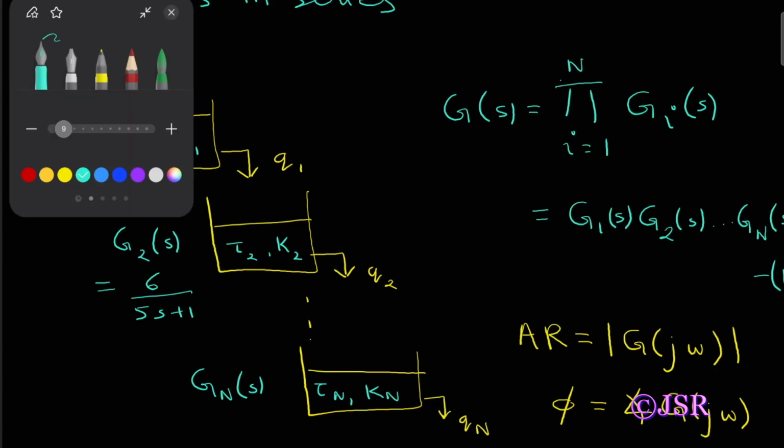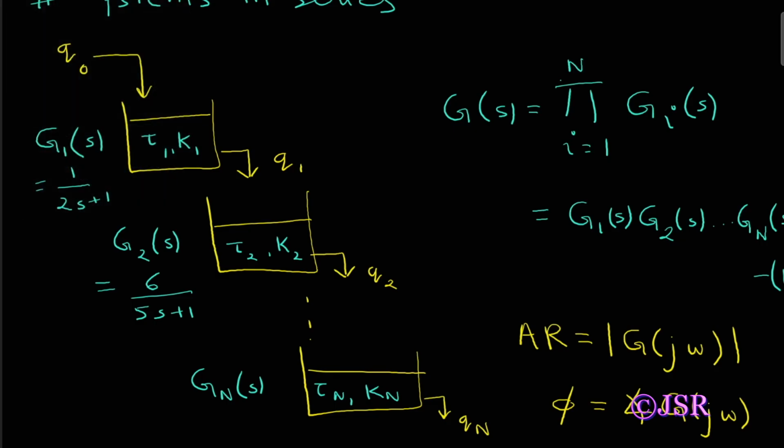So it means K1 is 1 and tau 1 is 2, K2 is 6 and tau 2 is 5. So here we have only two systems whose transfer functions are given and both are connected in series. So now we have to plot the Bode diagram for two tank systems which are connected in series. So let's do that.